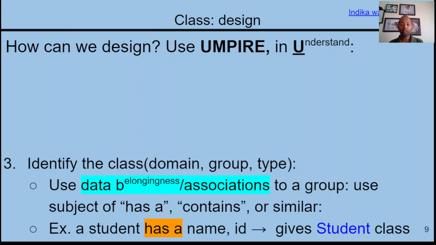For example, if a student has a name and an ID, that indicates that the student has several sub data types, so that indicates a class. That way you can identify a class. So "has a" relationship or "contains" or similar meaning identifies a grouping name or grouping subject, in this case student.